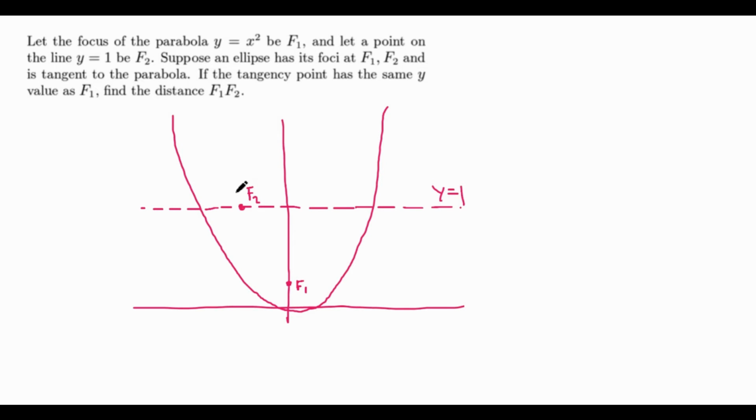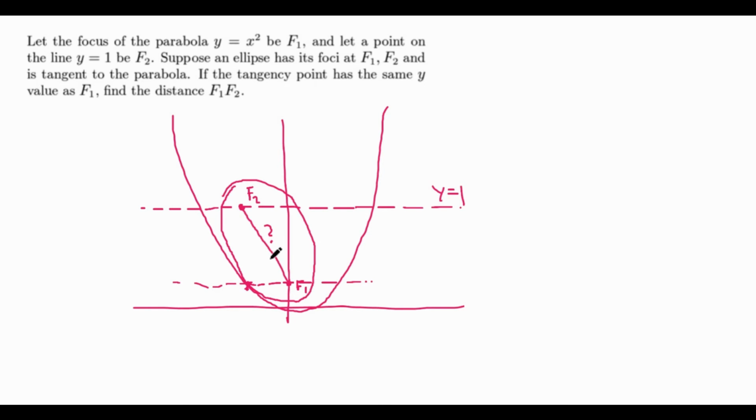So this is going to be the hardest to draw, but hopefully I can pull this off. Something like that. We have an ellipse that is tangent to the parabola. If the tangency point has the same y value as F1, so these two are the same y value, then we have to find the distance F1F2.